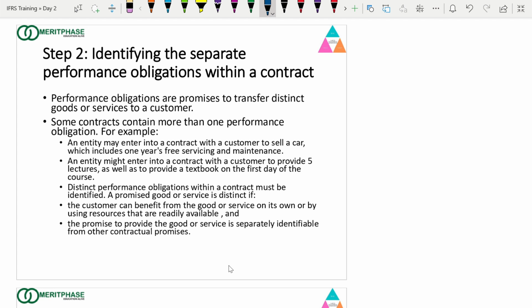Obligation or promises to transfer distinct, specific goods or services to the customer. You order any product on Amazon. They will give you a picture of that product first and tell you the price.